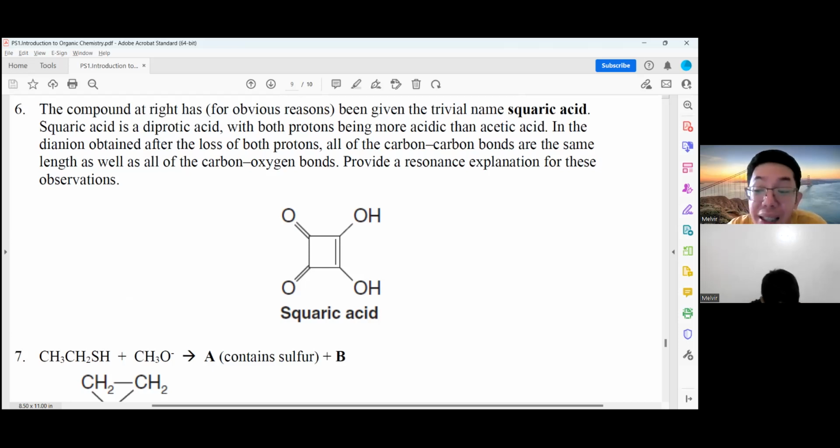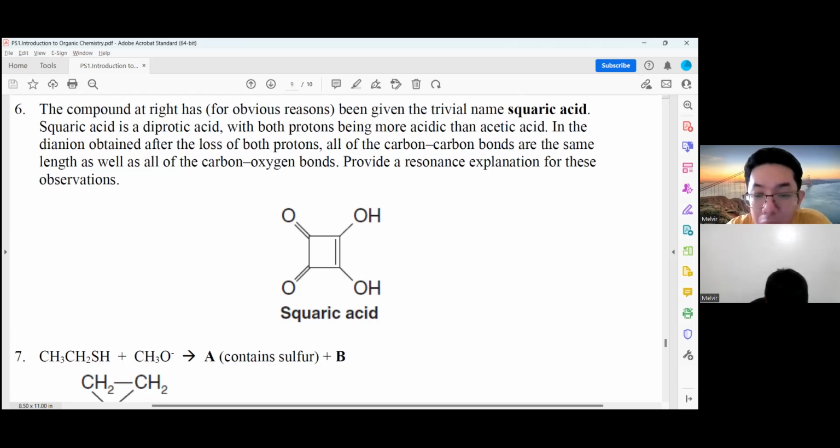You have two acidic hydrogens, no? So with both protons being more acidic than acetic acid, imagine mo pa, Josh, no? Yung dalawang protons niya, mas acidic pa siya sa acetic acid. So in the dianion obtained after the loss of both protons, all of the carbon-carbon bonds are the same length.